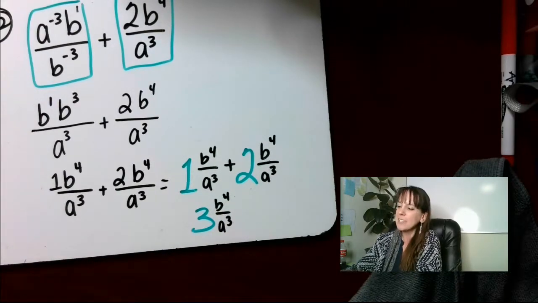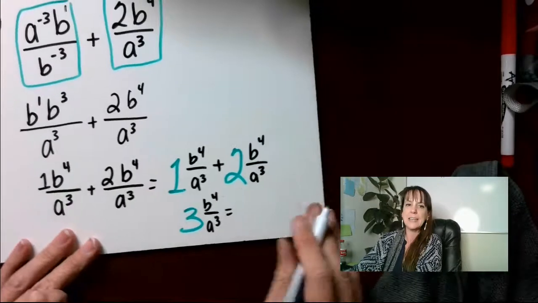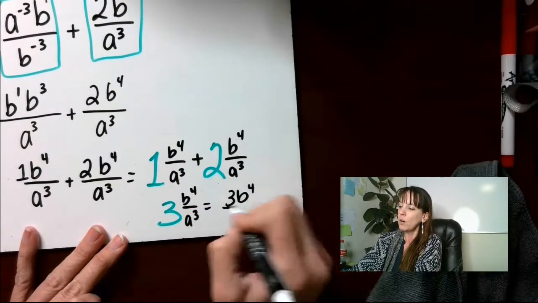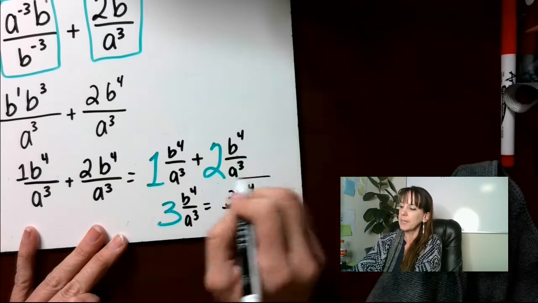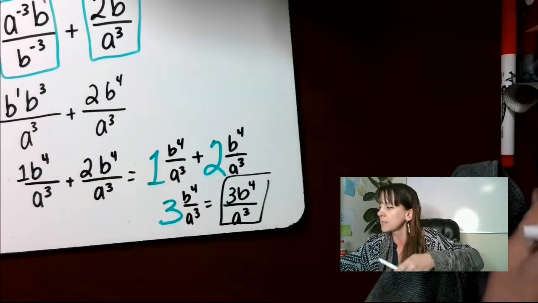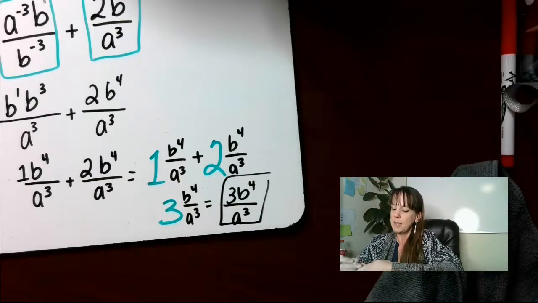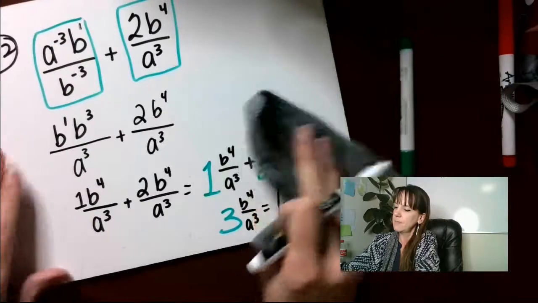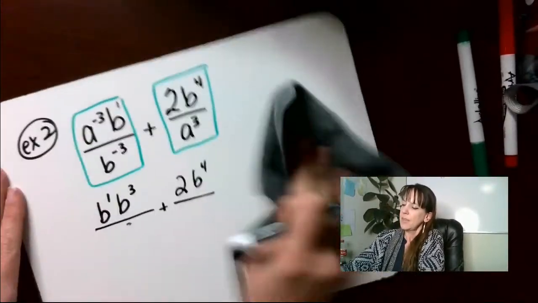But the technical way that you're going to want to write that is 3b4 over a3. So this is what your answer should look like. Hopefully that's making a little bit more sense there. Let's see about some of these other examples. All right, so that was example 2.